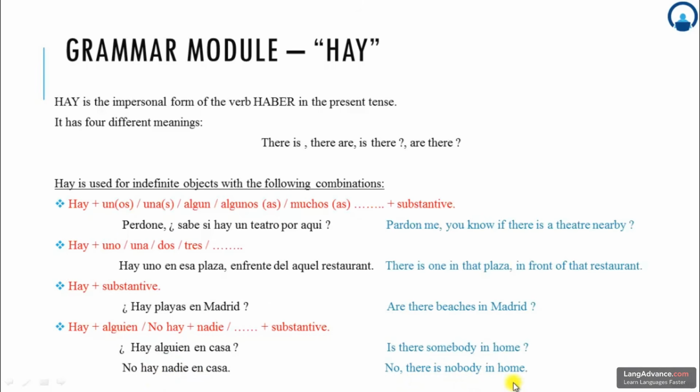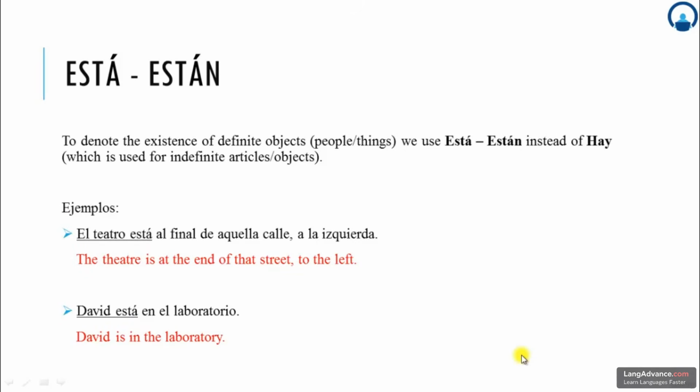This was for the indefinite objects. Let's see what we can do for definite objects. If I want to say something similar, that there is or there are or is there, for definite objects, people or things, we use está or están instead of hay. That's because hay is only used for indefinite objects, and for definite objects we use está and están.